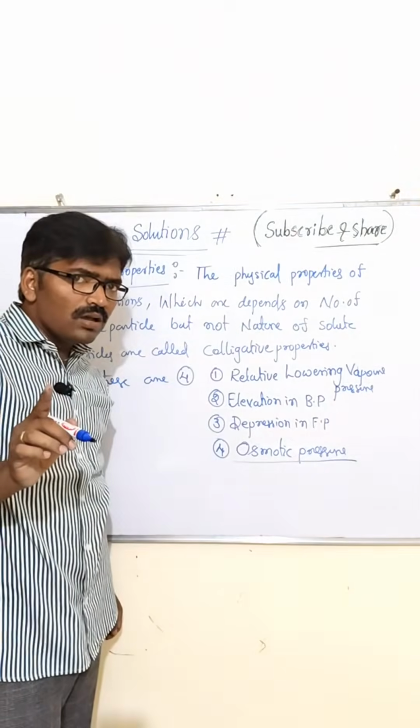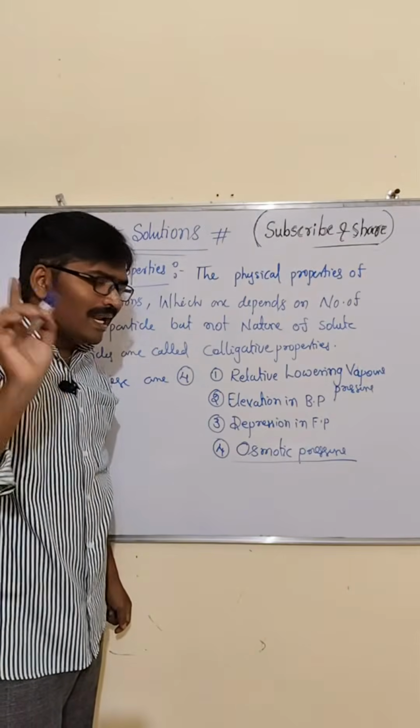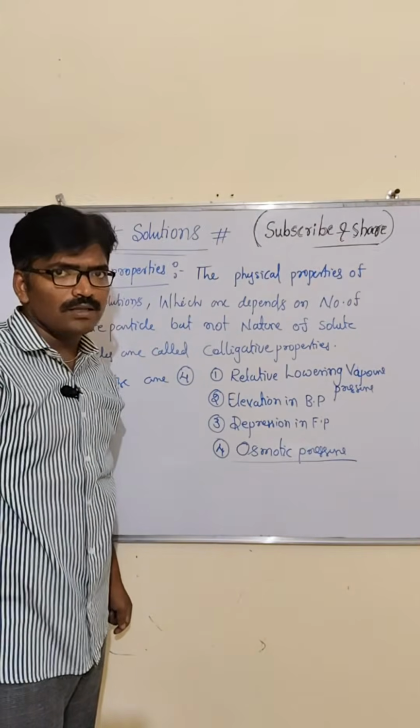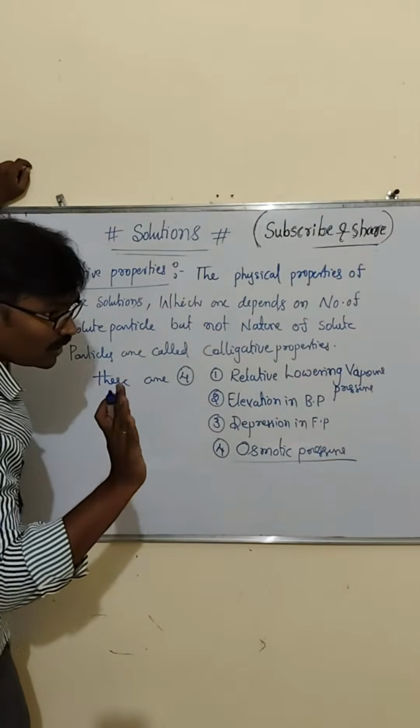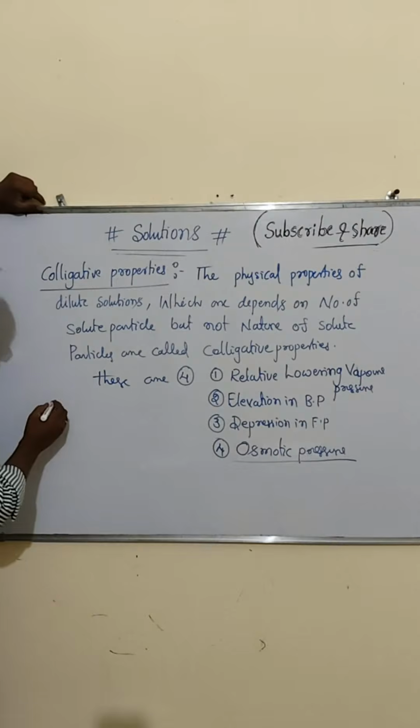Colligative properties are directly proportional to the number of particles but do not depend upon the nature of the particles.